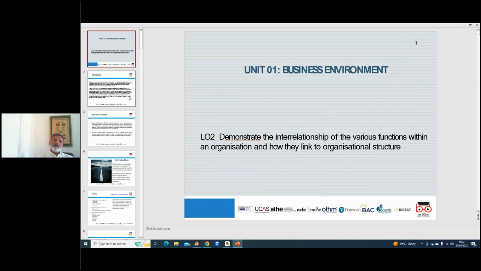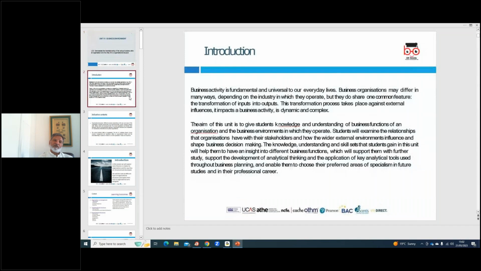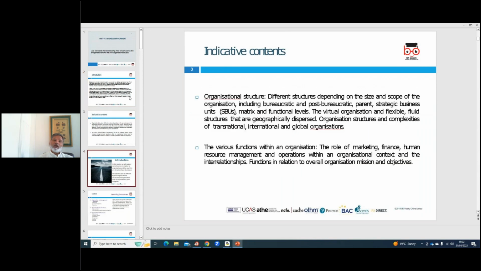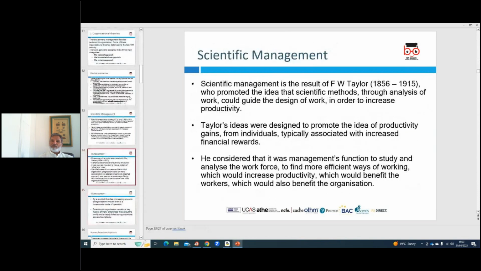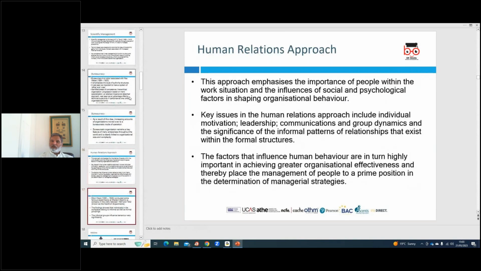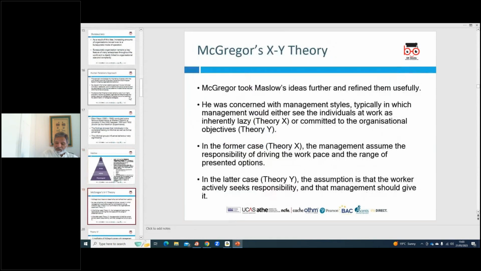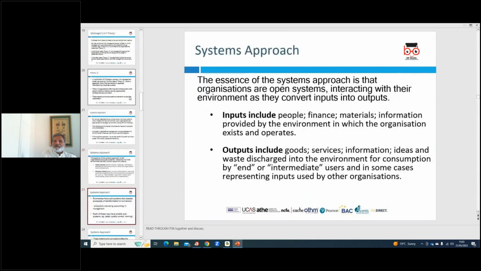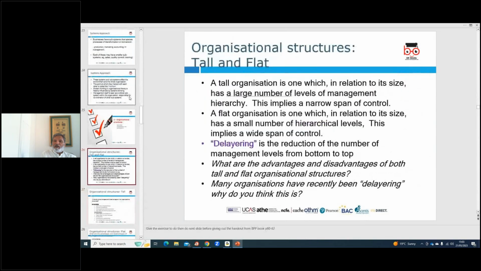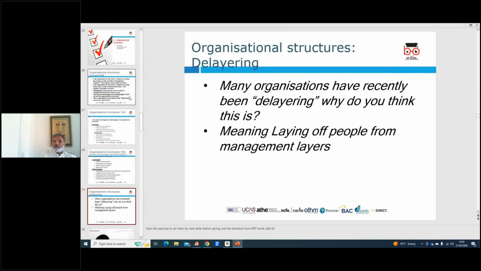So in this lecture we looked at the management approach, systems approach, theories of organization, tall and flat structure, and what we mean by organization structure. We looked at McGregor's theory, systems theory, Taylor's scientific management theories, and Maslow's and Herzberg's, and other things like centralization, decentralization and delayering.